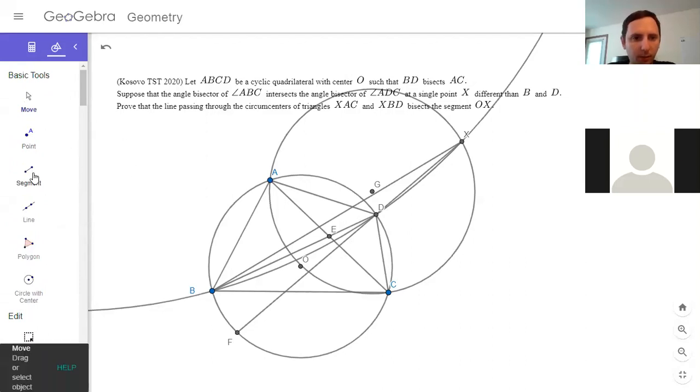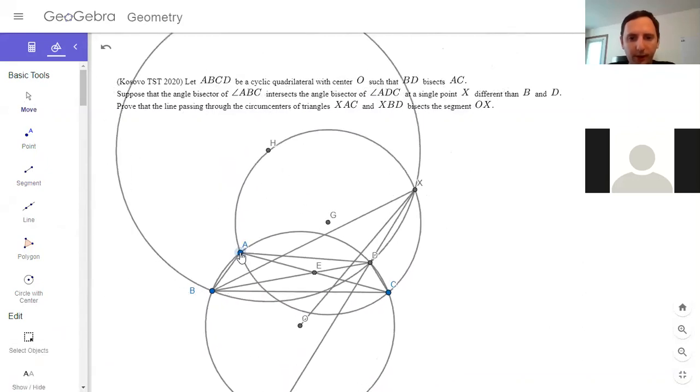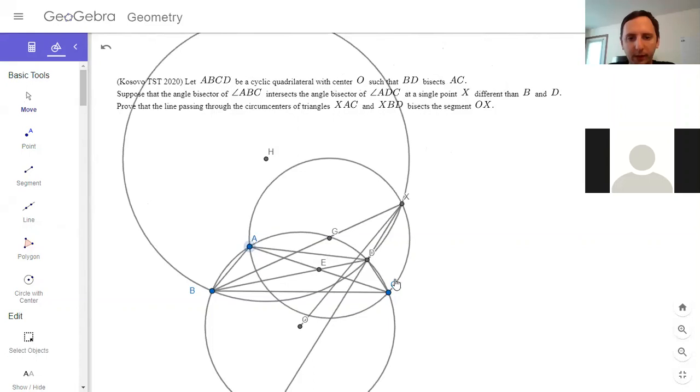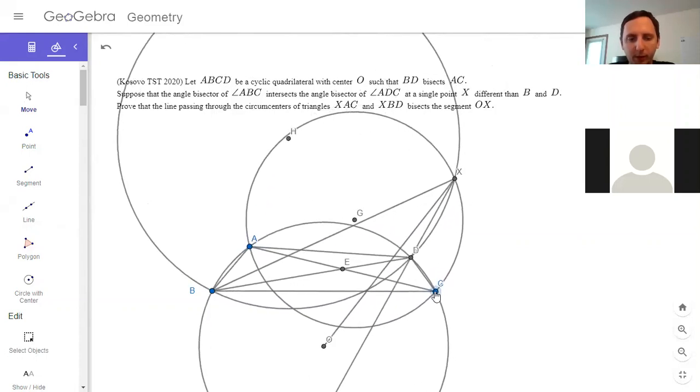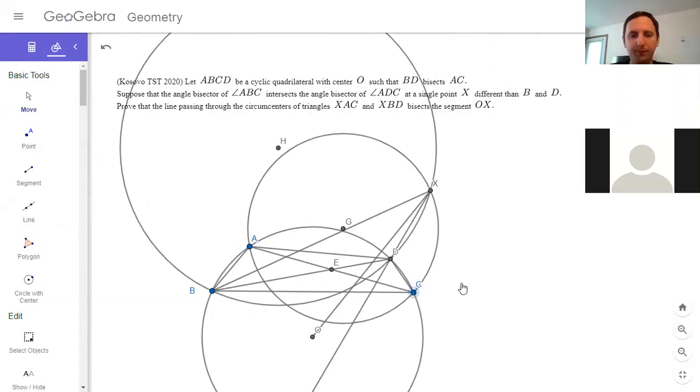I'm going to draw OX also. Maybe I don't need to draw on all these lines. Maybe there's another way of thinking about it that makes it easier, but for now I will. Okay, so let's see. Sorry it overlaps the problem, but I think this diagram looks reasonably nice.